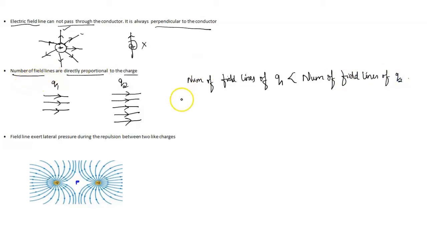So this property tells us that the number of field lines is directly proportional to charge.